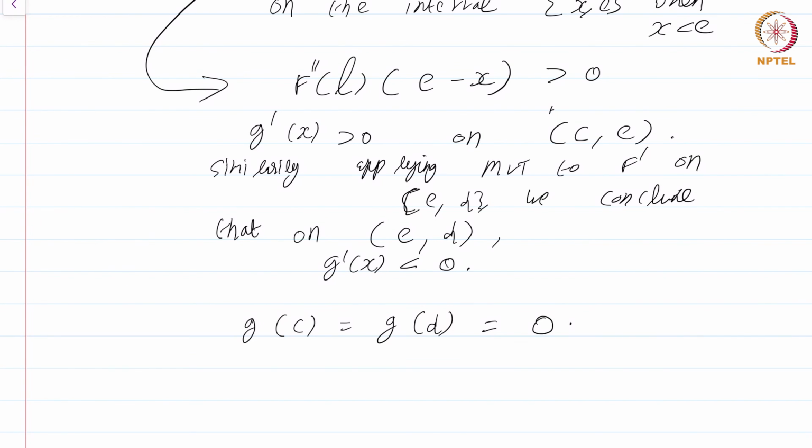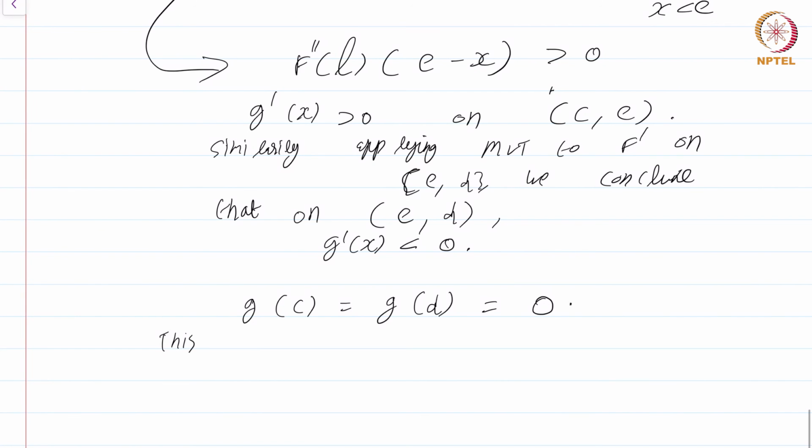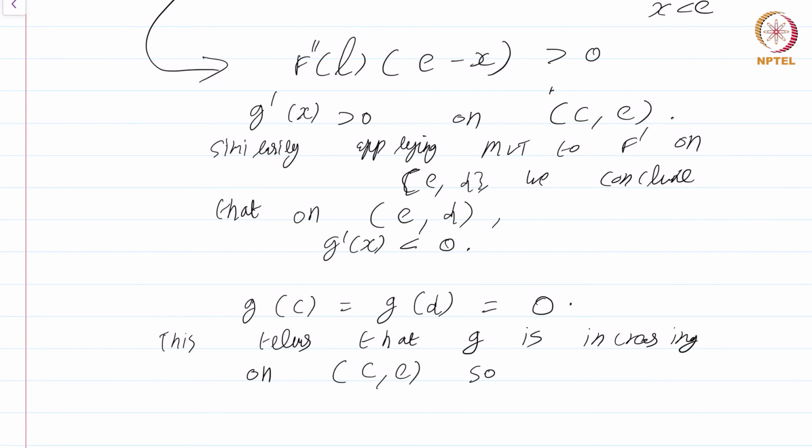Now, what does this tell us? This tells us that g is increasing on the interval (c, e). So in fact strictly increasing, because we have concluded that g' is greater than 0.